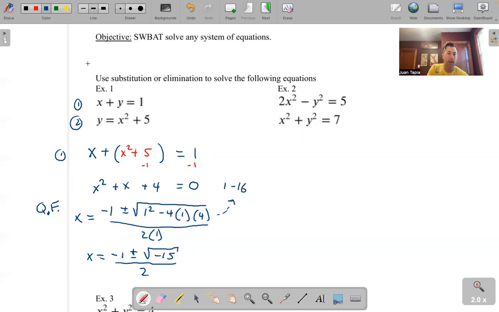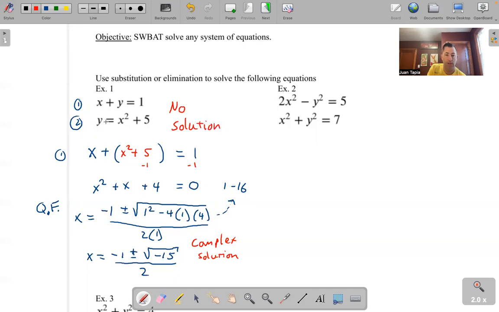And what I have here are imaginary solutions added with real numbers. So this is a complex solution, complex solutions. In other words, when are these two curves going to intersect? They are not. The correct answer is no solution.